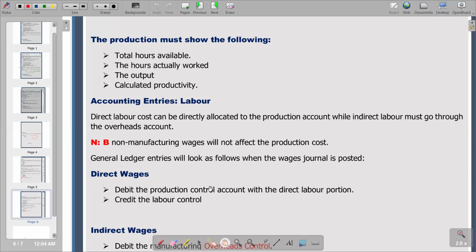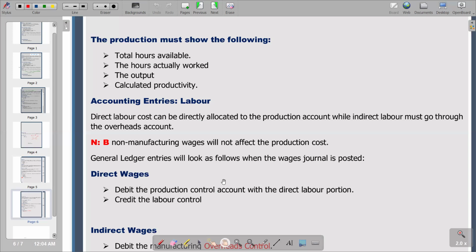Remember, initially, when direct wages and indirect wages are paid, they will be debited in the labor control. And then when we are transferring them to their specific accounts, we transfer them from the labor control by crediting the labor control, and then we debit the production control if it's direct wages.